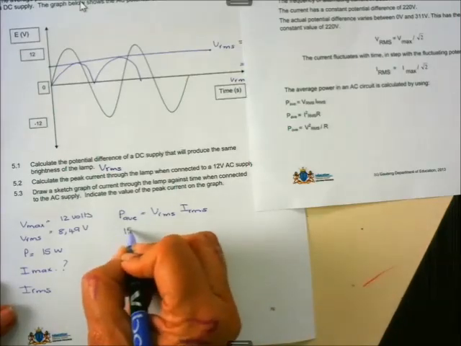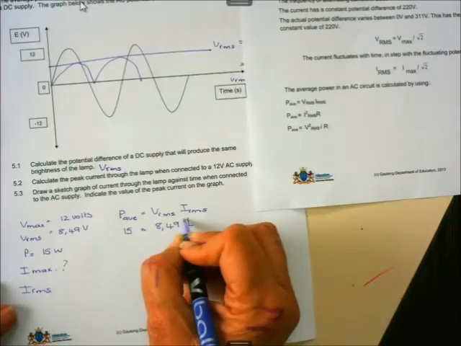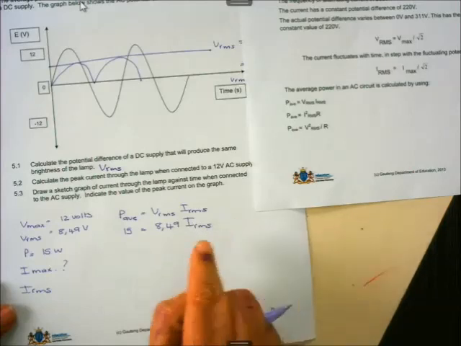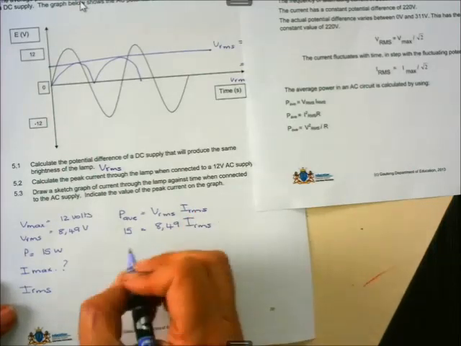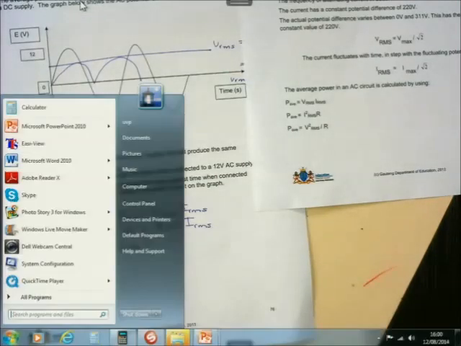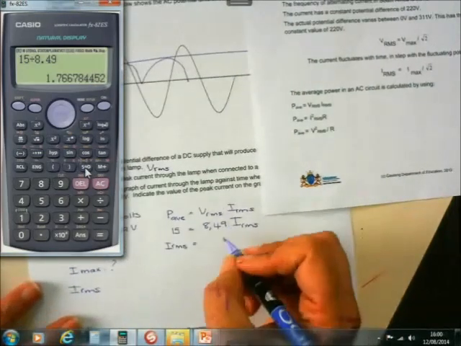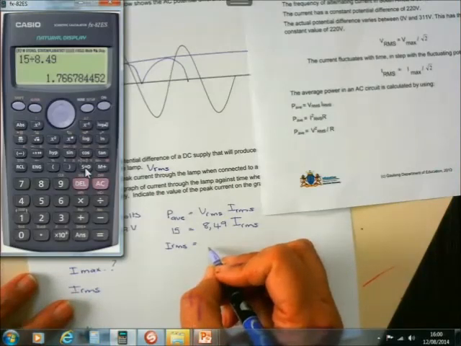Power is 15, which is equal to 8,49 times IRMS. I'm putting my little subscripts in. So my IRMS is equal to 15 divided by 8.49.